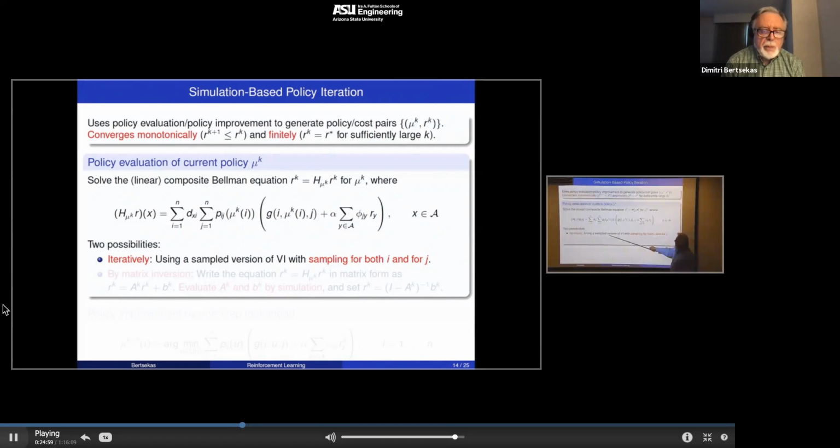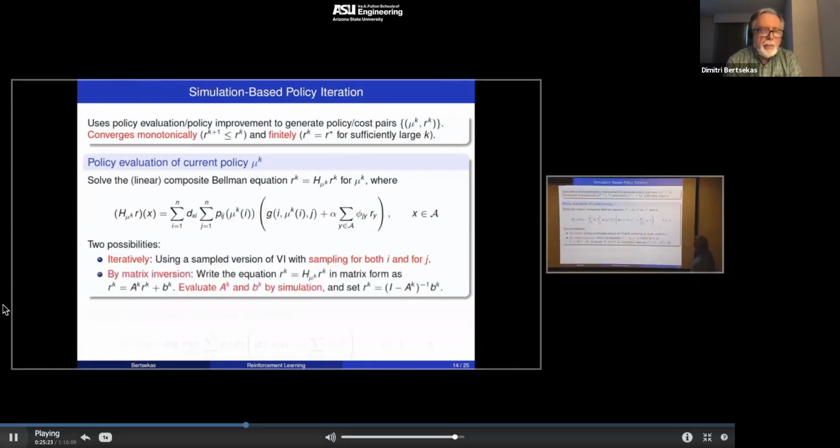Well, I can use a sample version of value iteration, the one that I had before, but we can do sampling for both i and for j. Okay, we can sample this probability, this composite probability here. And so that facilitates a Monte Carlo policy evaluation.